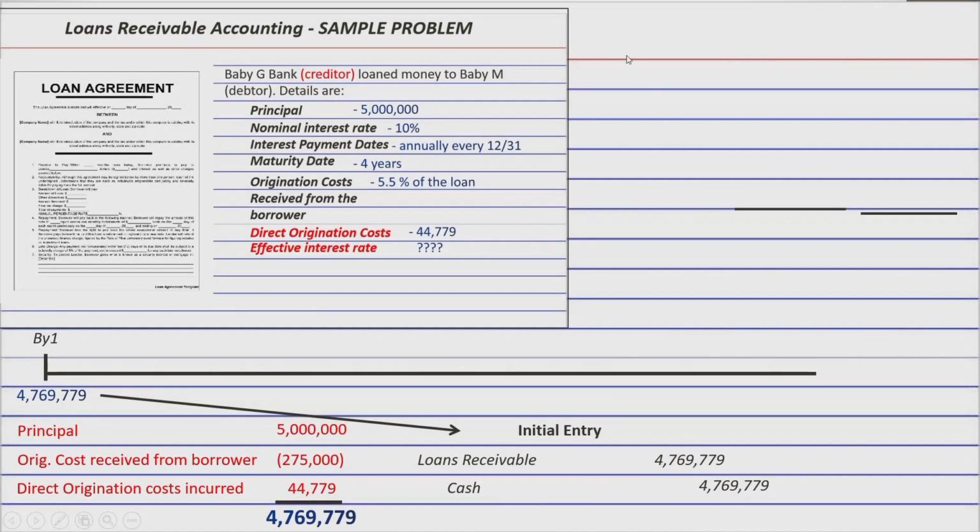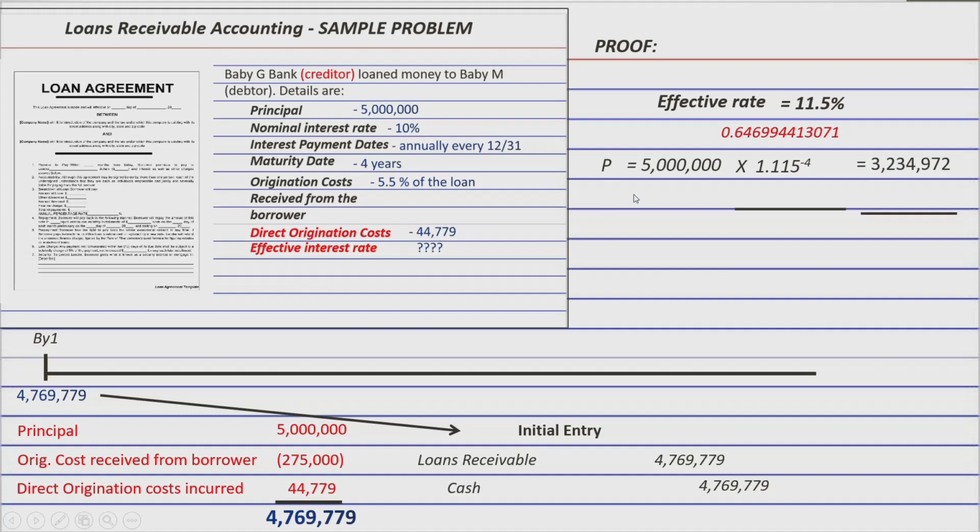So again, let's have the proof that 11.5% is really the rate. So 5 million times 1.115 raised to the power of negative 4, or this factor, equals 3,234,972. So that's the present value of the principal.